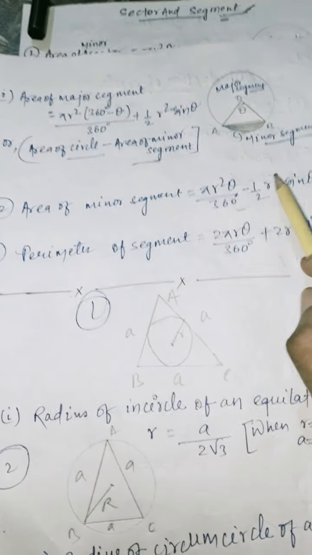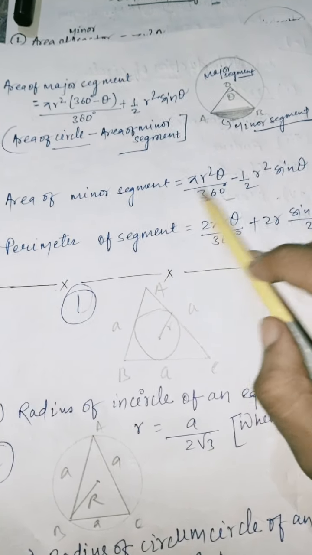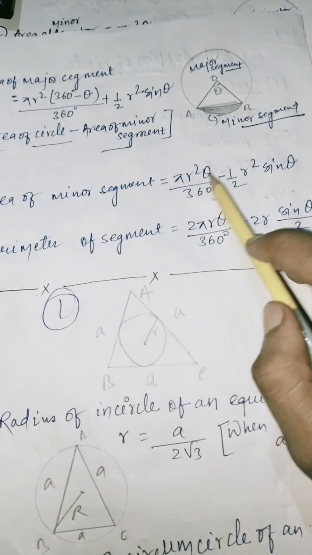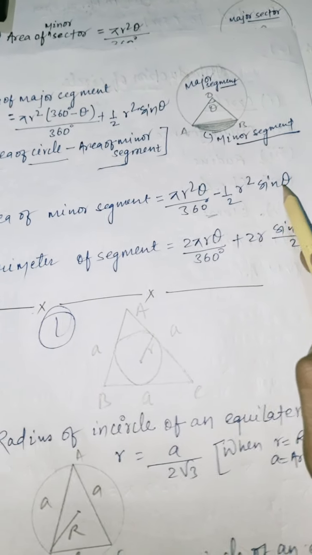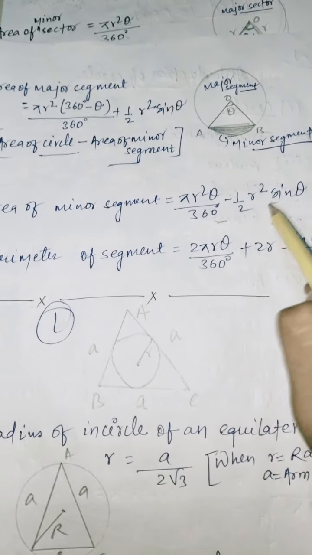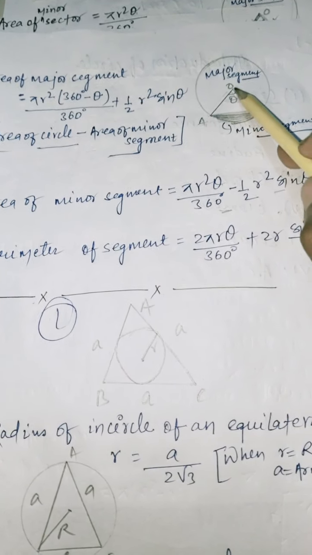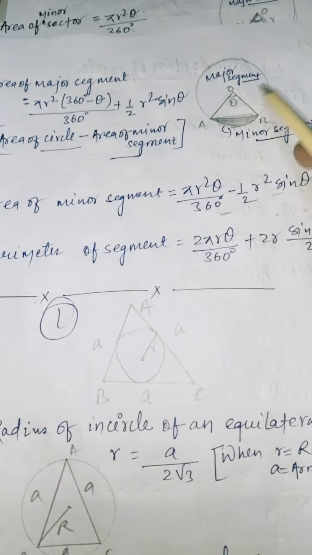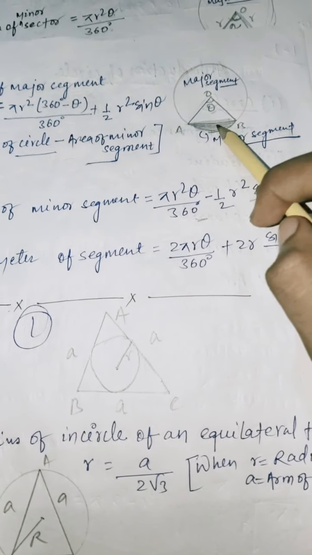The formula for calculating the area of minor segment will be equal to pi r square theta by 360 degree minus 1 by 2 into r square sine theta. Here this formula is for finding the area of this triangle. That means area of sector minus area of this triangle, then we can get the area of this segment.